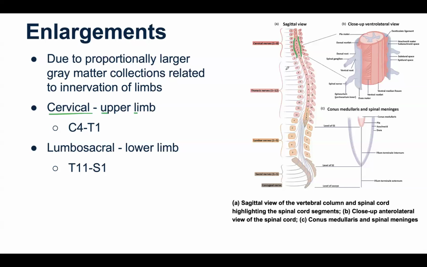And then you have the lumbosacral enlargement, which is associated with the lower limb. It's innervating the lower limb, and it's from about T11 to S1 spinal cord segments.